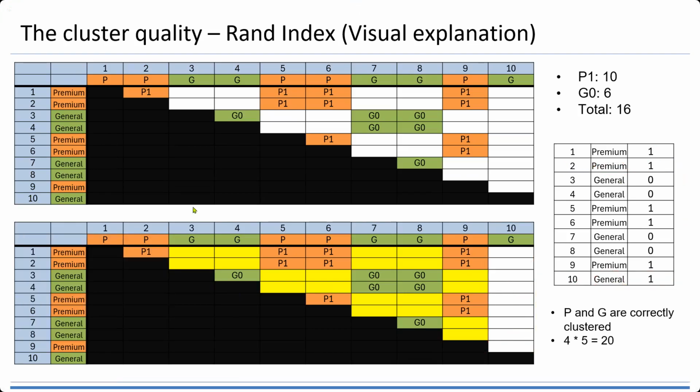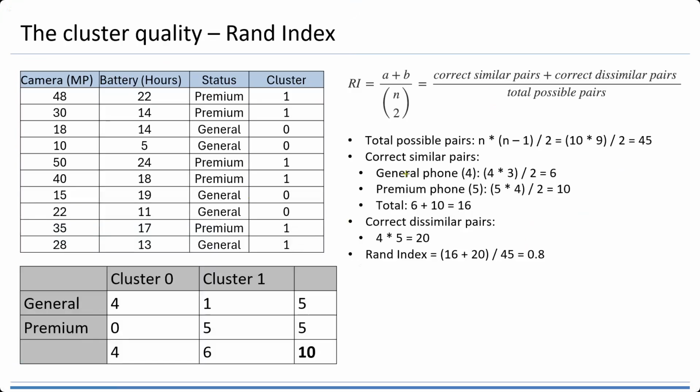So the red index means we want to see the correct part here. The correct similar pairs, we have 16. And the correct dissimilar pairs, we have 20. And we will divide by the total possible pairs.